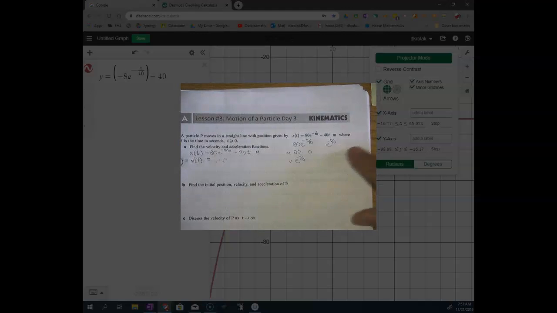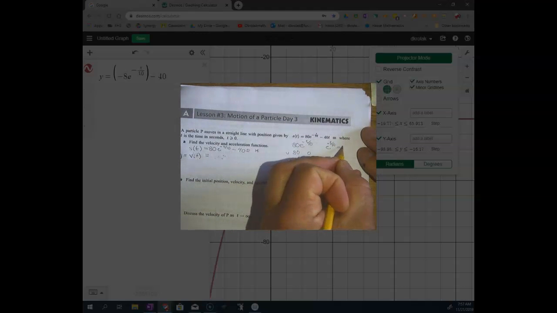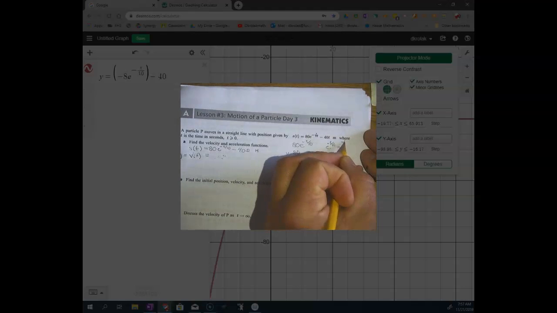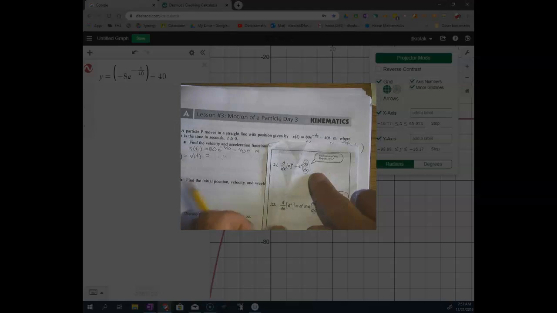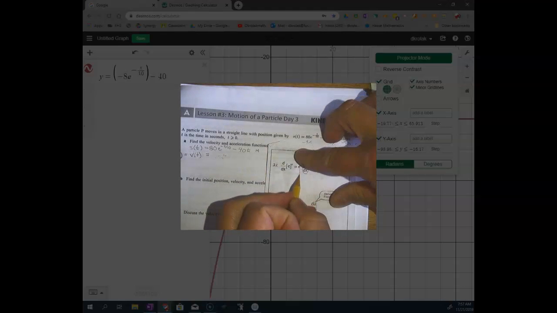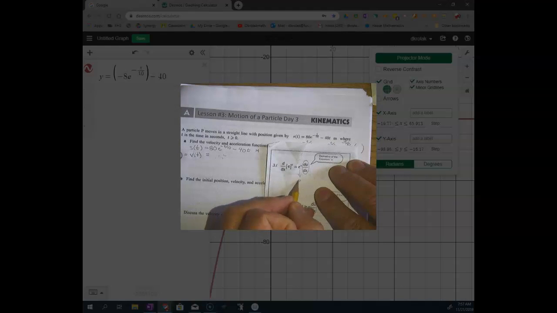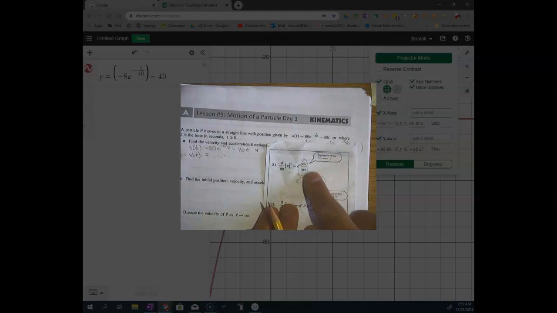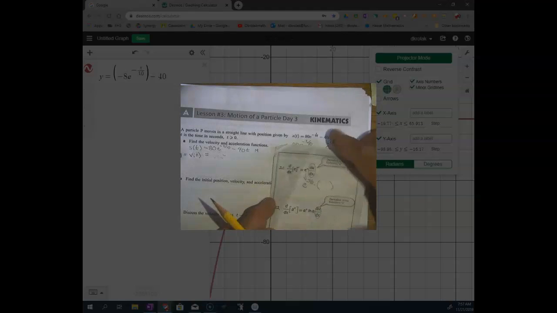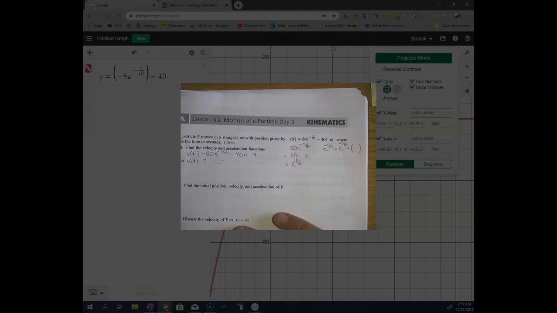So the derivative of this is e to the negative t over 10 times, what's the derivative of negative t over 10? That's what you're doing next here. What's that equal to?